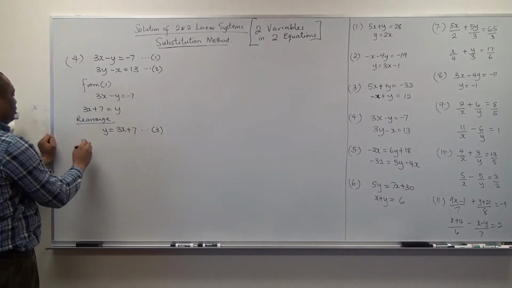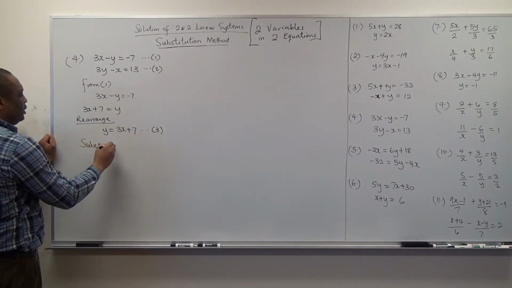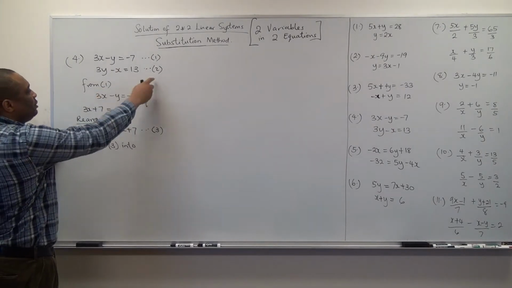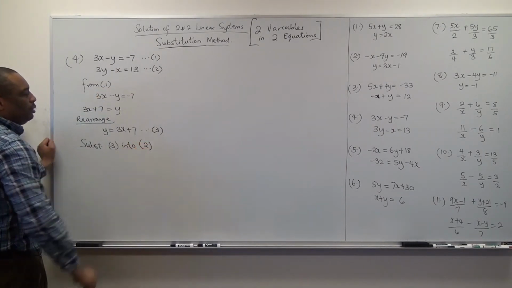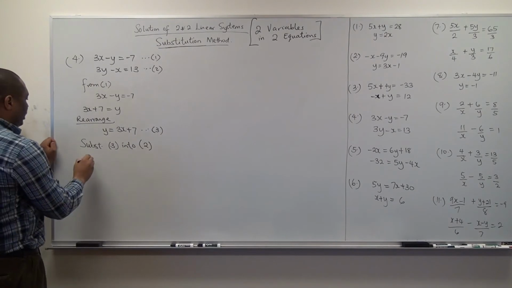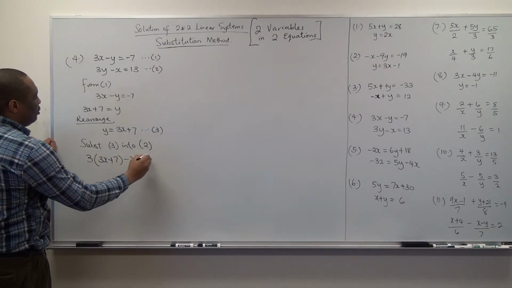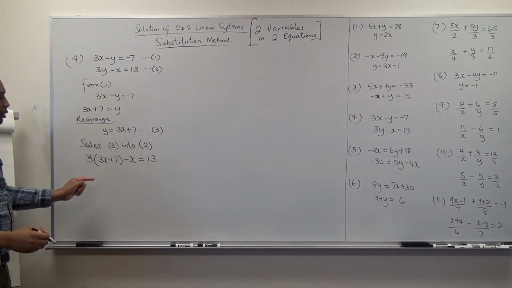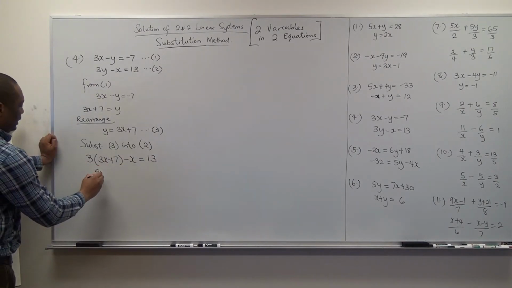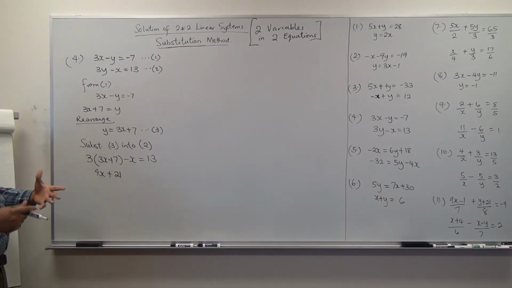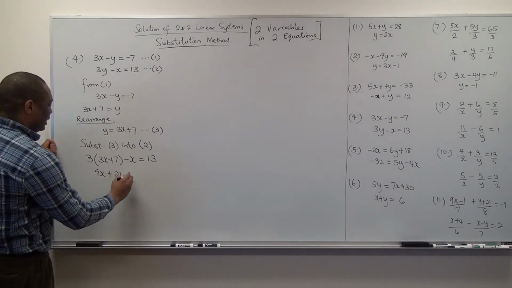So as usual, we've used equation 1, so let's substitute equation 3 into equation 2. So this means that 3 into 3x plus 7 minus x equal to 13. When you distribute, this gives you 9x plus 21 minus x equal to 13. Go ahead, make sure you also view the video segment on the distributive property.